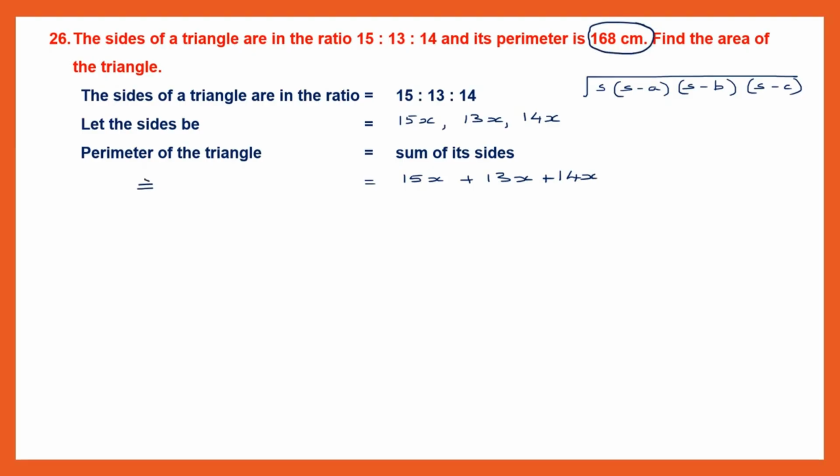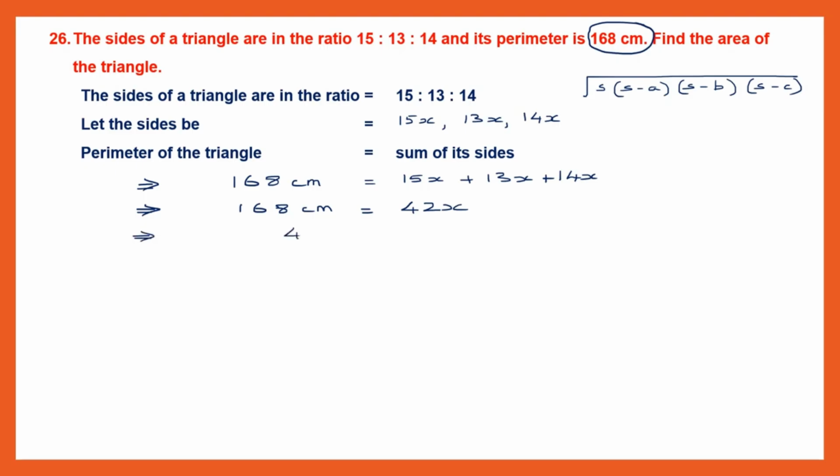So we can write that as an equation, 168 centimeters on the left hand side. On the right, let's add up all these, 15 plus 13 plus 14. When you add up all, you get 42, and that is 42x. So now we're going to find the value of x.